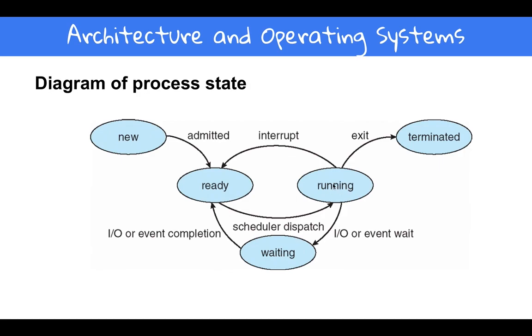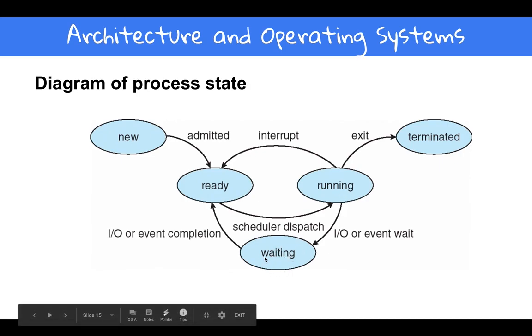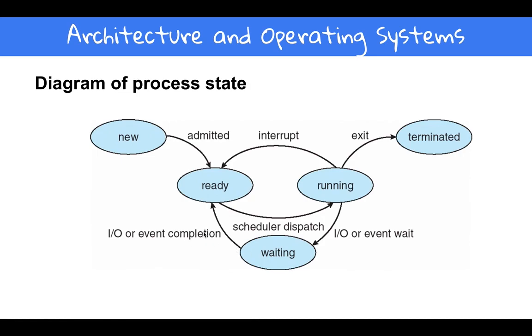While running, maybe you need to get some input from the user, from other programs, whatever. So it goes to the waiting queue. And as soon as it gets the input and the event is completed, it goes to the ready queue again to be executed. That happens always till the process finishes, and we terminate the process.